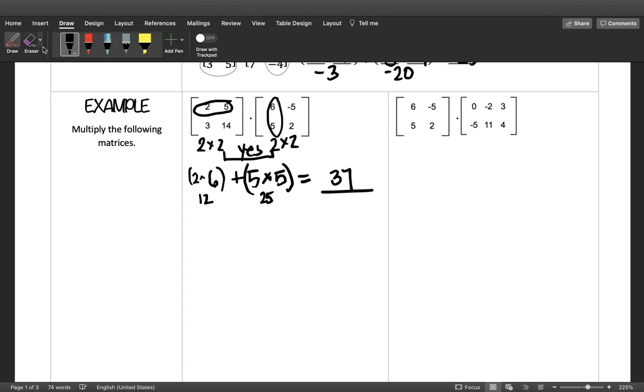Okay, and then we're going to do it again. Now I'm going to do first row, second column.